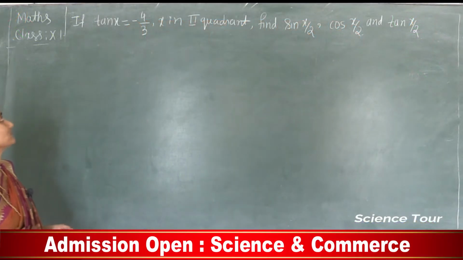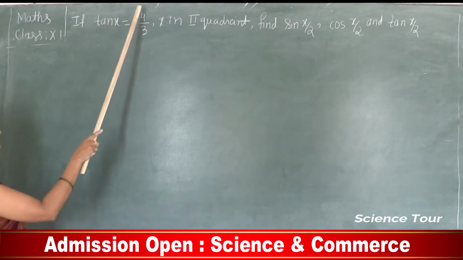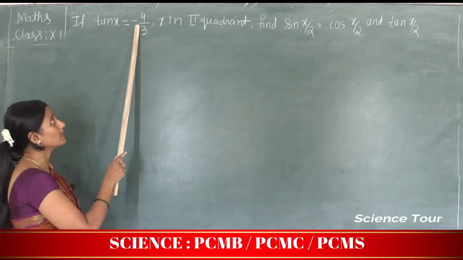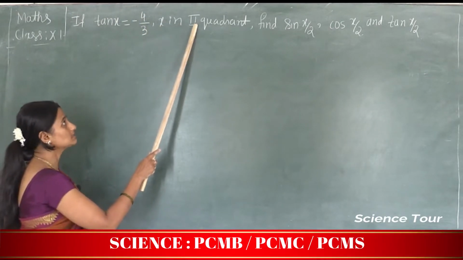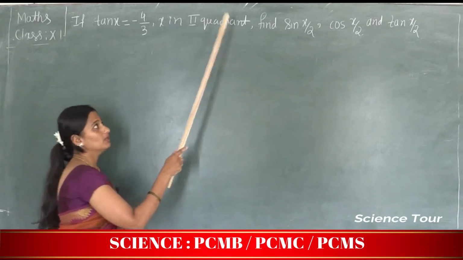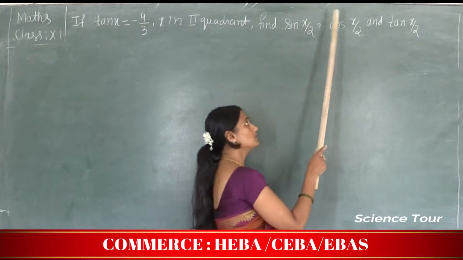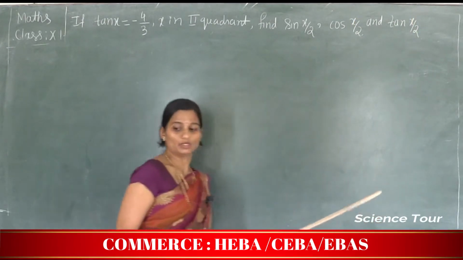Next question. If tan x is equal to minus 4 divided by 3, and x is in the second quadrant, find sin x by 2, cos x by 2 and tan x by 2.